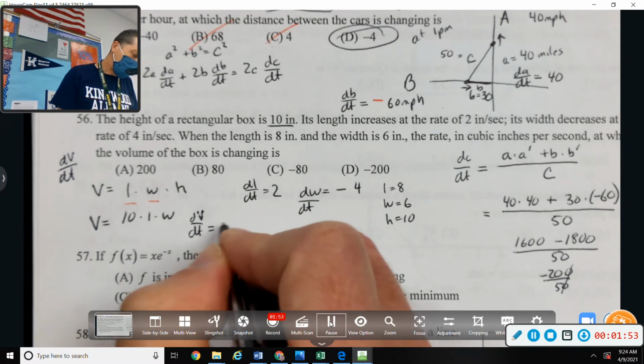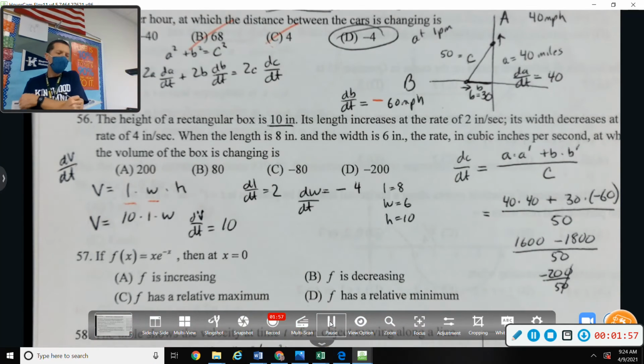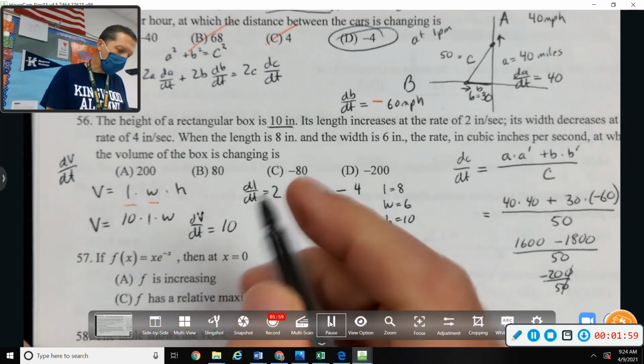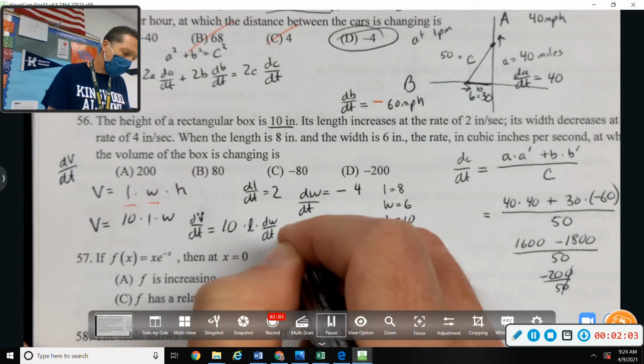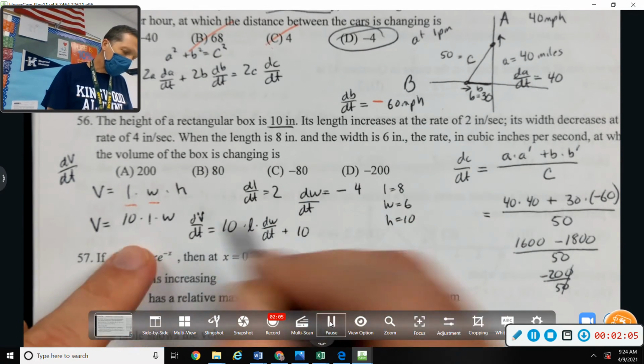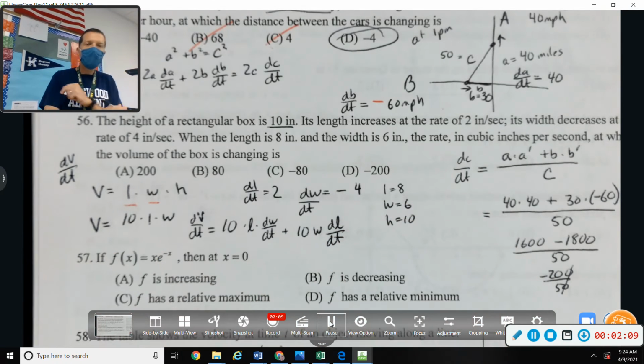So dV/dt, this is a product rule. So one of them times the derivative of the other one, plus the other one times the derivative of the first one. And then it's just plug in all the pieces.